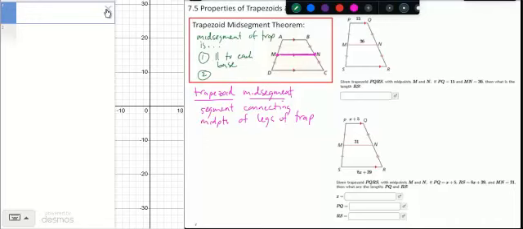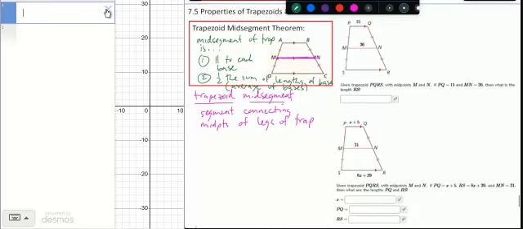And the second condition is that it is the average of the two base lengths. So it's half the sum of the base lengths. Again, half the sum means it's the average of the bases.